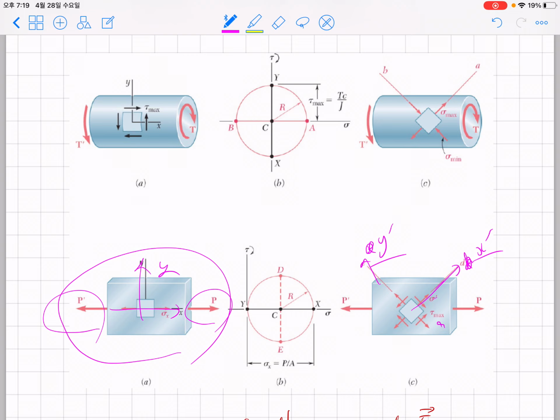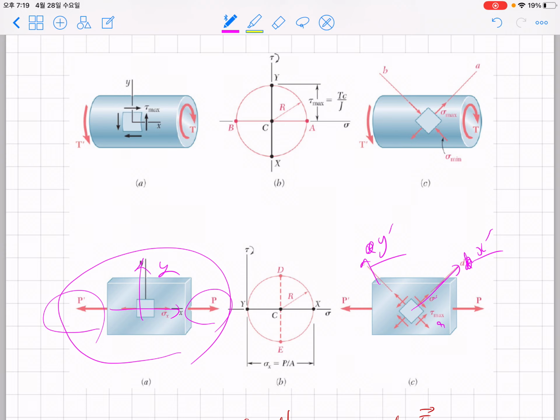Even though the quantity, here the stress state, is identical, depending on our viewpoint, or in other words depending on our coordinate system, its reading can be different.